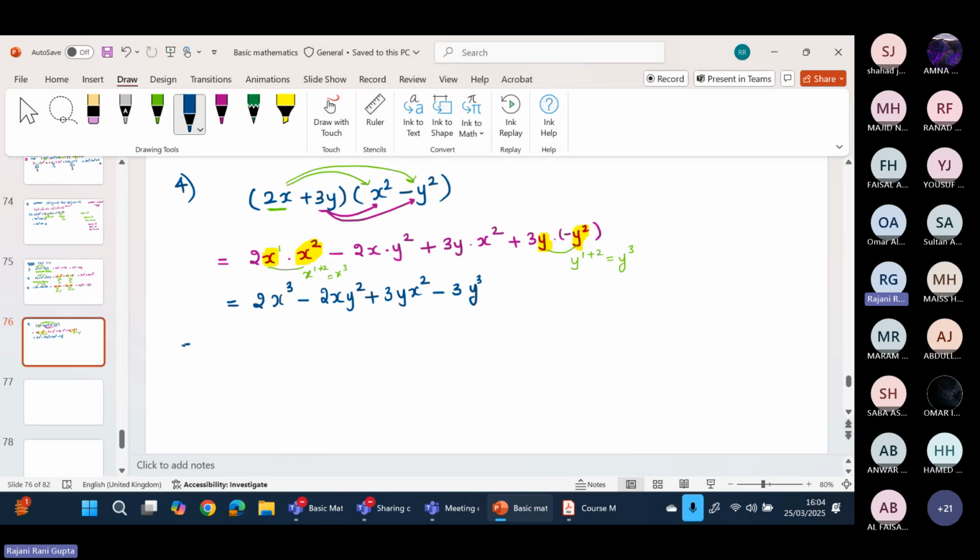They may give you some simple question also like x plus y, and I say x plus y plus 10. So how will you multiply? Same idea. X multiply with all three. And similarly, y multiplied with all three.